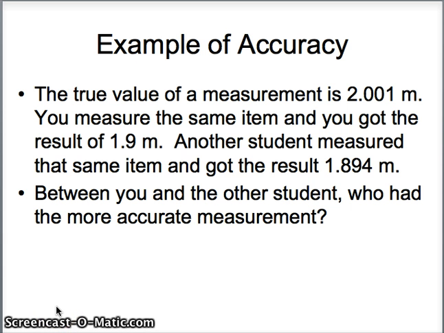If you said that the other student is more accurate, you'd be wrong, because 1.9 meters is definitely closer to 2.001 meters than 1.894 meters. So you, having measured 1.9 meters, are more accurate because it's closer to the accepted true value of the measurement.